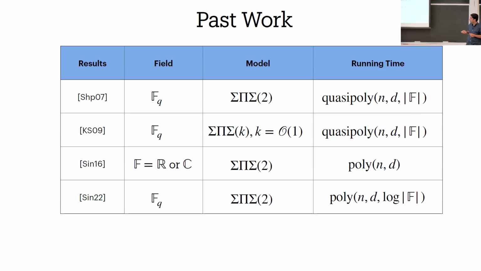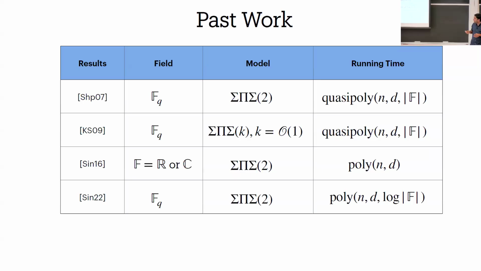More recently, Gaurav Sinha gave a polytime algorithm for top fan-in 2 in cases when the field is reals or complexes, and in '22 he gave another result which did reconstruction in polytime when the field was larger but finite. So basically, depth 2 we know how to do in polytime.